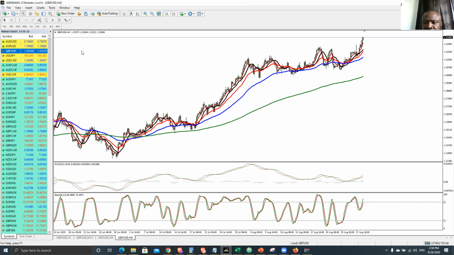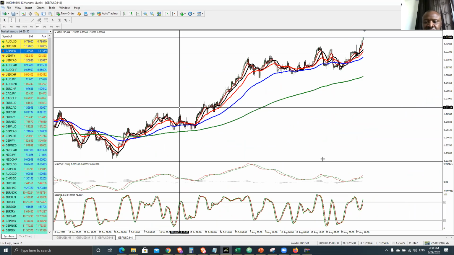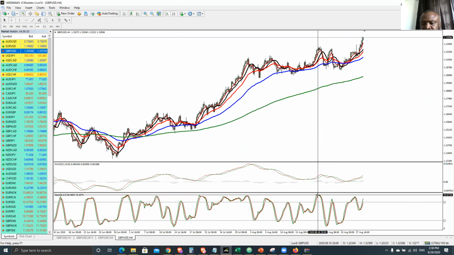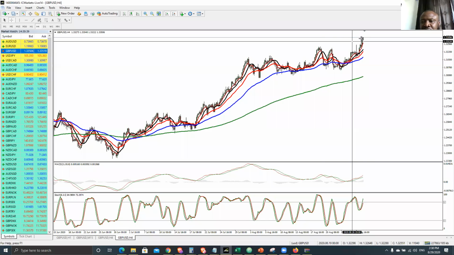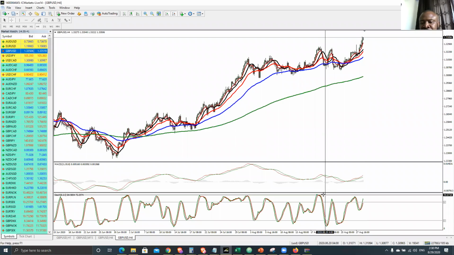Looking at this RSI on the 4-hour charts, right? What I can see is this potential divergence coming up, right? So this is this RSI, and the way that we are approaching it, we are having divergence, right?